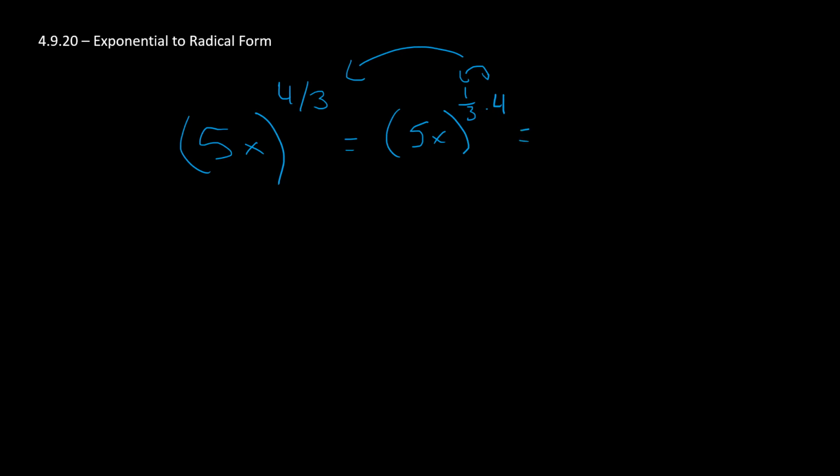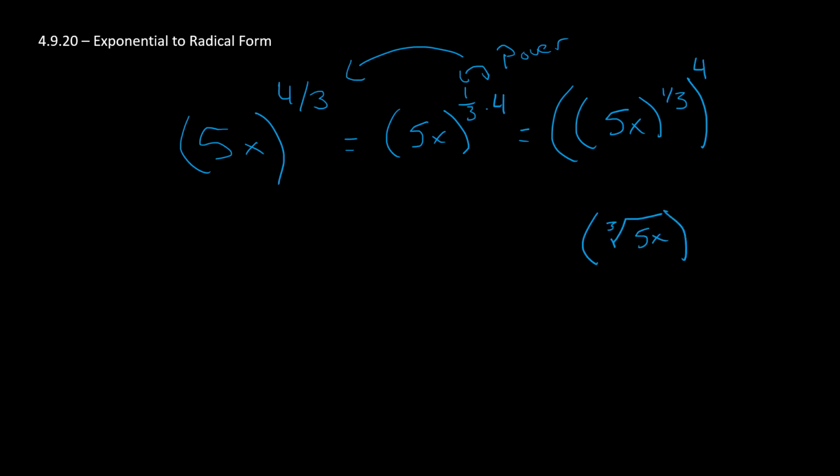So we can then incorporate our power rule, and we'll say (5x) to the 1/3, to the 4th power. Well, 1/3 is the same thing as the cube root of 5x, and we're going to raise that to the 4th, and you're done.